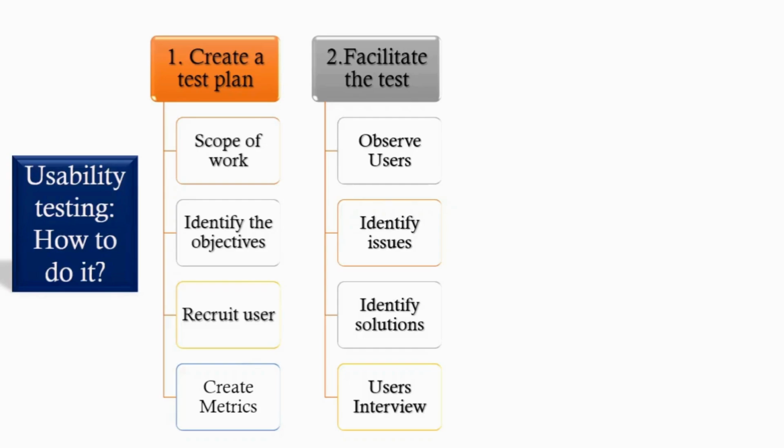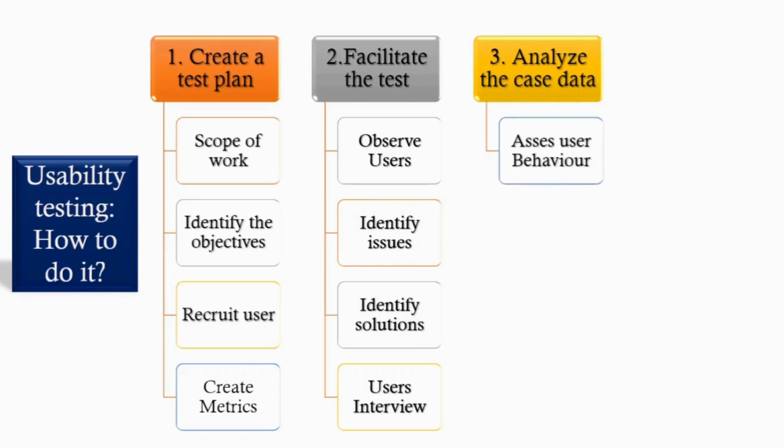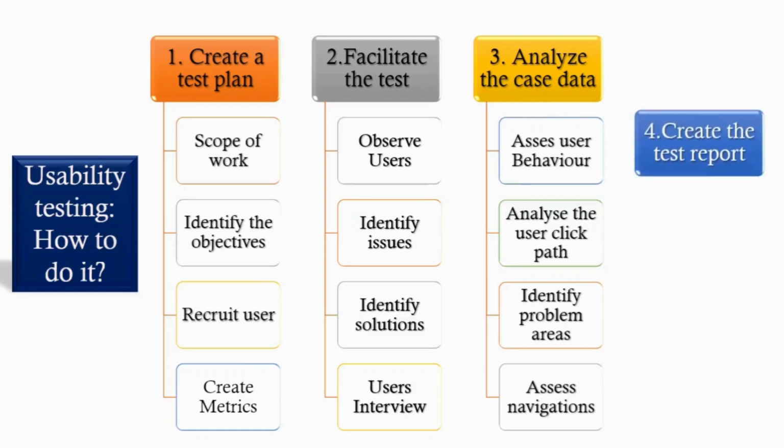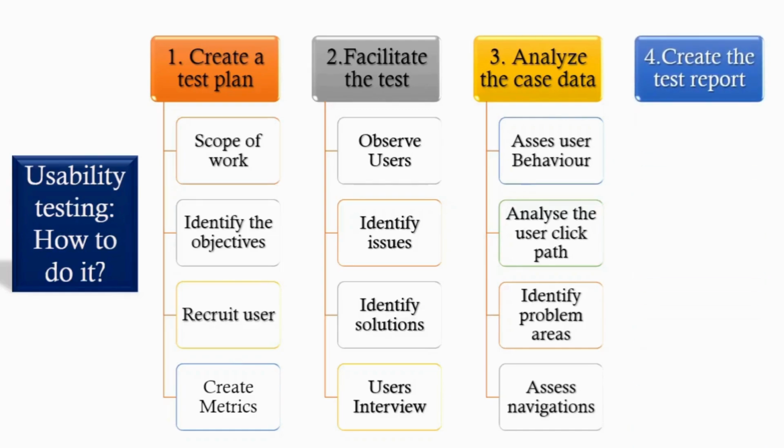Now let's go to the third step, which is to analyze the case data. When we are analyzing the case data, we must assess the user behavior, analyze the user click path, identify the problem areas, and look into the navigation, like whether the users are able to perform the tasks which we have assigned. The fourth step is to create the test report.